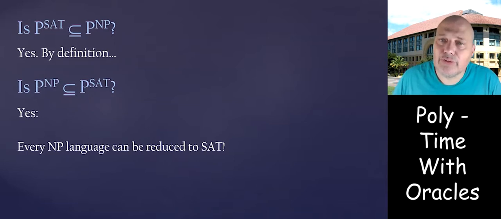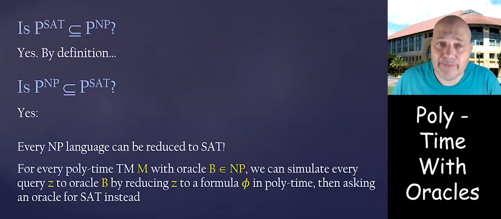So with an oracle to SAT, you can solve anything that you can do with any other oracle in NP, and therefore P to the NP is contained in P to the SAT, or they are identically the same. Right, so for every polytime Turing machine M with oracle B in NP, we can simulate every query Z to the oracle B by reducing Z to the formula phi in polynomial time and then asking an oracle for SAT instead.